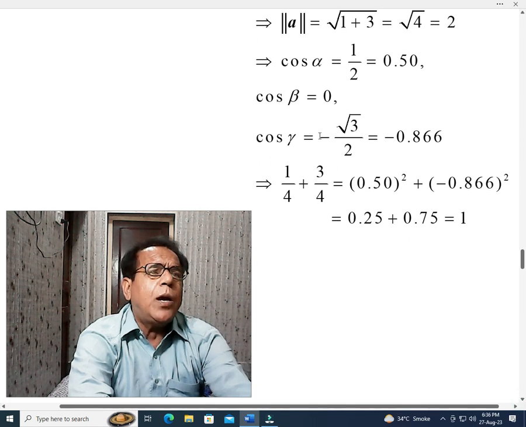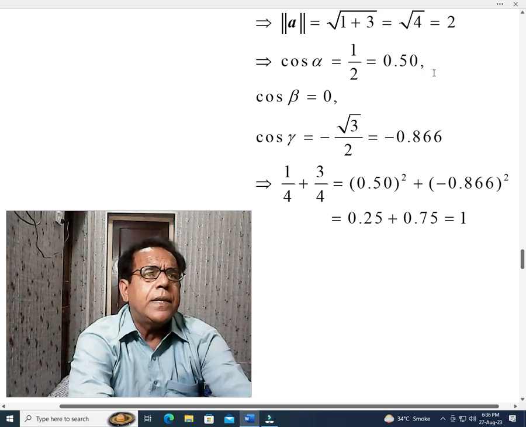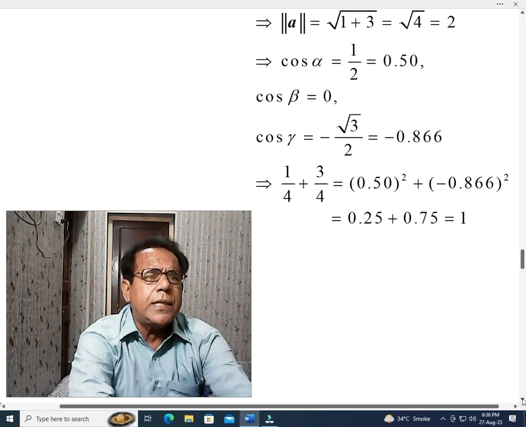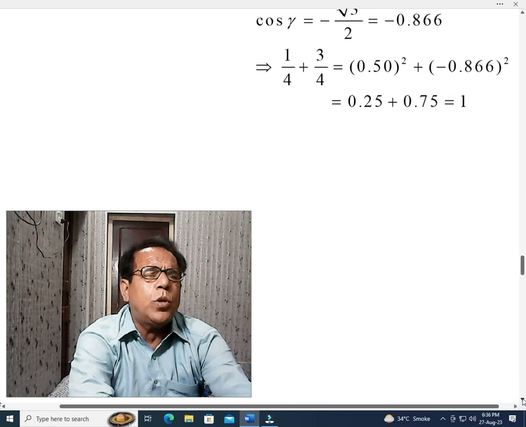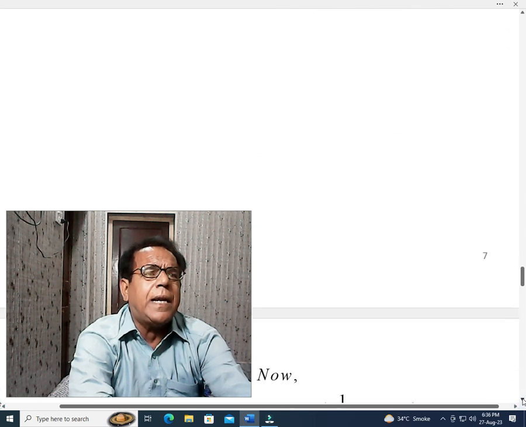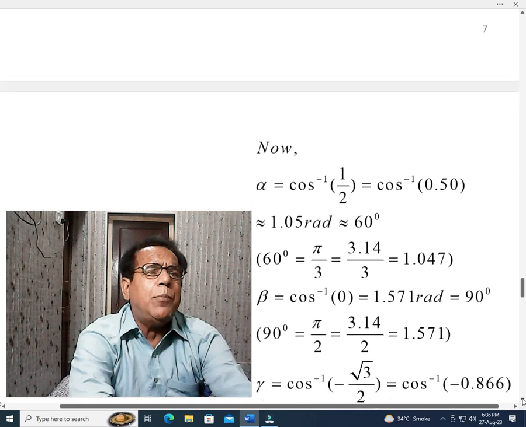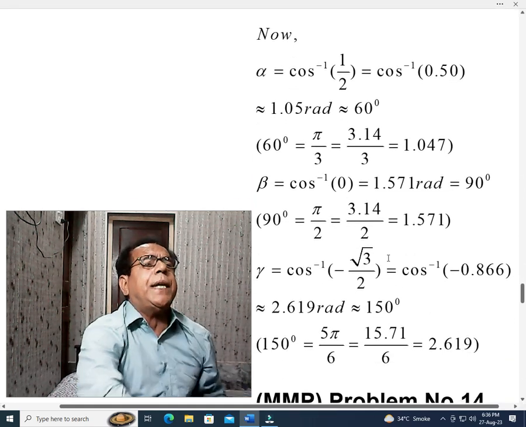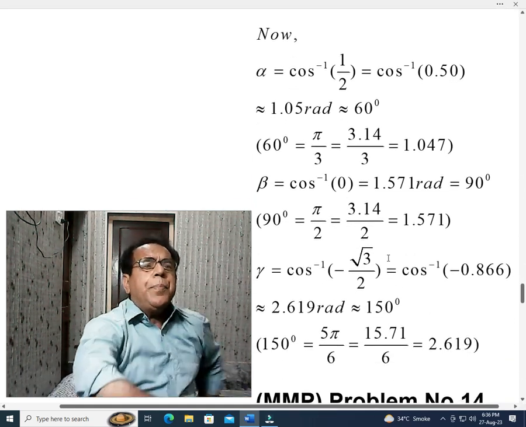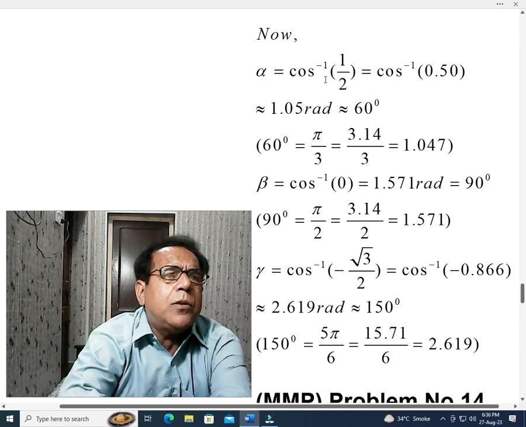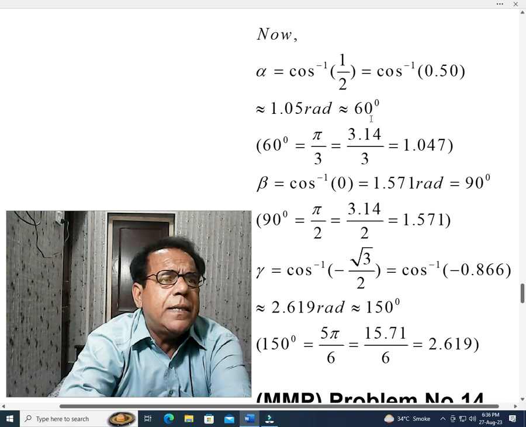Now when cos alpha equal to this, alpha will be equal to cos inverse 1 by 2 or cos inverse 0.50. Its value can be taken not only from the online converter, but also from tables which have been shown at the end of this problem. So alpha becomes equal to 1.05 radian or 60 degree.